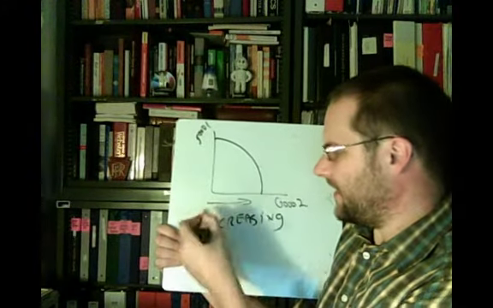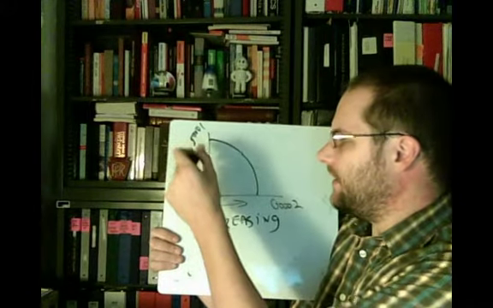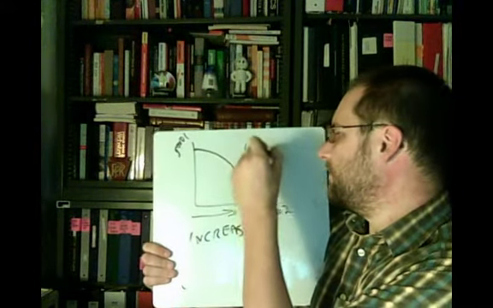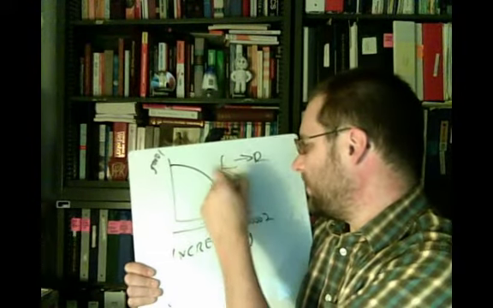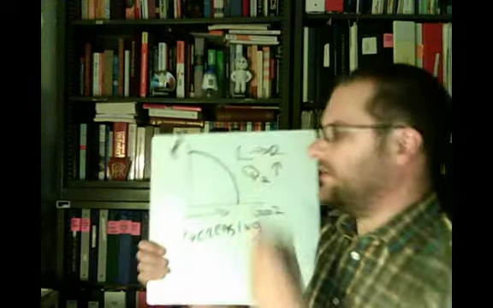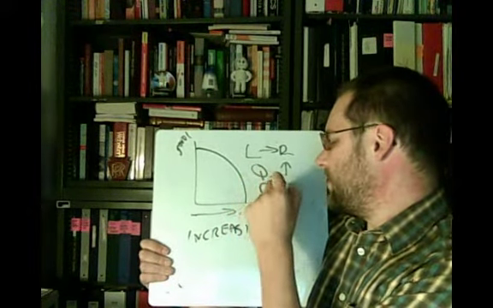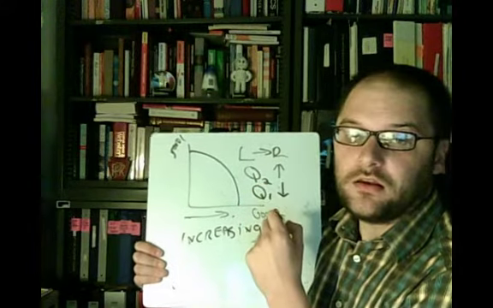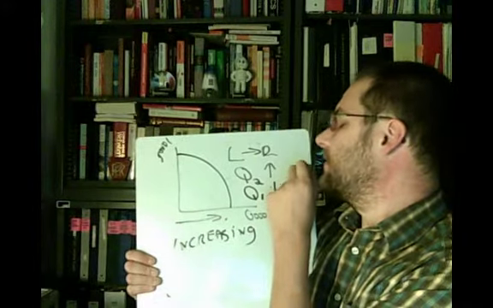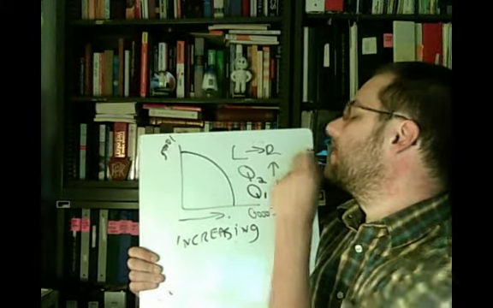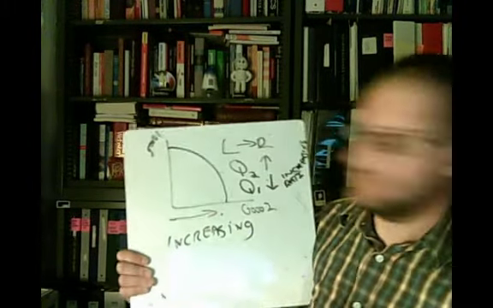What you would see is that as you move from left to right, the quantity of good 2 would be increasing. Quantity of good 1 would be falling, but it would actually be falling at an increasing rate, as you go further and further to the right.